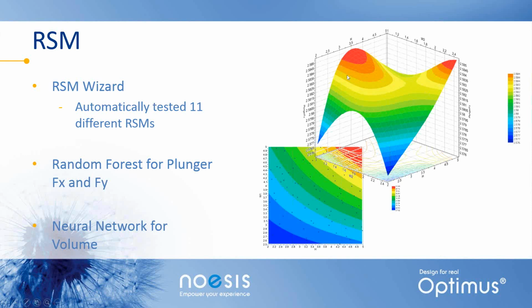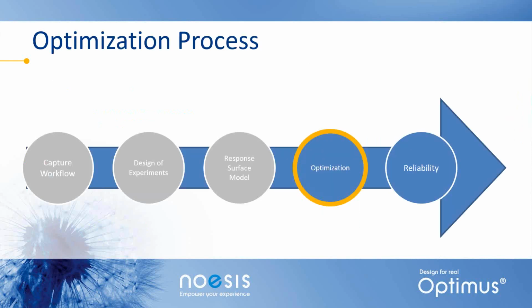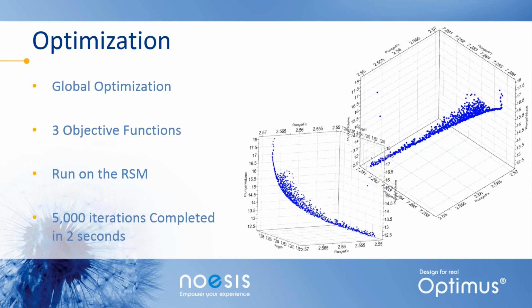And so now that we have this surface, this actually becomes a mathematical function that we can very quickly calculate on. So the next step is to move into the optimization. We conducted a global optimization using one of the many optimization methods inside of Optimus. It was a challenging optimization because there were 3 different objective functions.